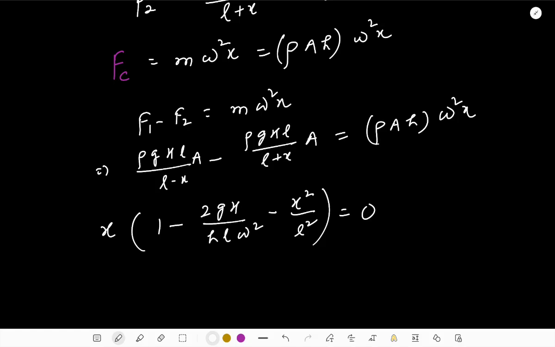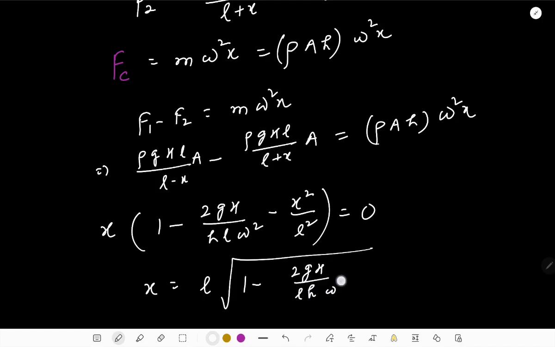And one possible solution to this equation is x equals 0, and the other is simply, you will find, x equals L multiplied by the square root of 1 minus 2gh by LH omega square. You will get this very soon. And this is x in terms of omega.